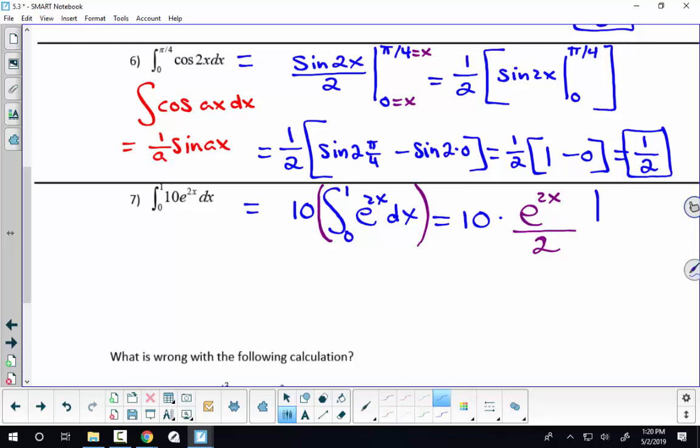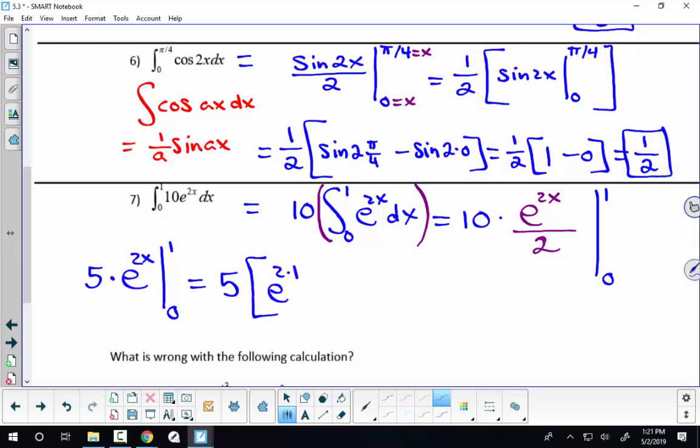And again, evaluating that from 0 to 1, we'll take care of these constants. So we have 5 times e to the 2x evaluated from 0 to 1. And so that's going to be 5 times e to the power of 2 times 1 minus e to the power of 2 times 0.